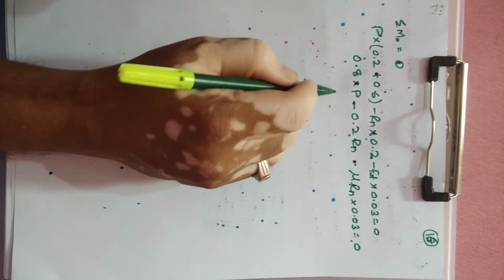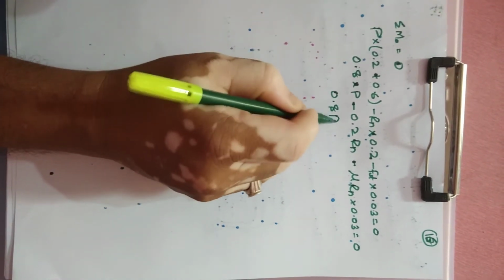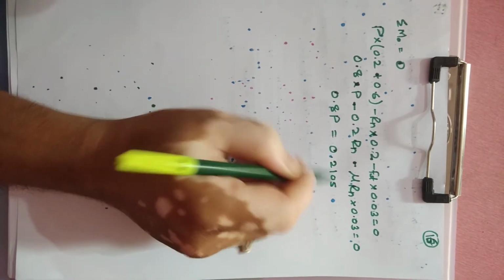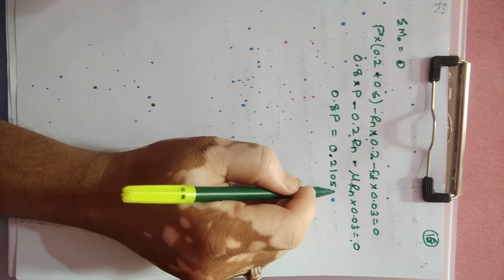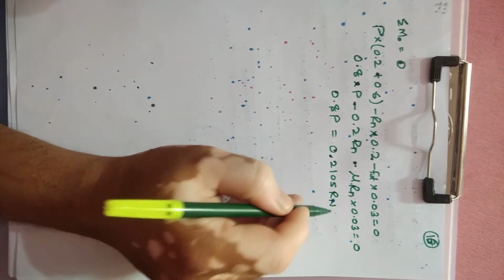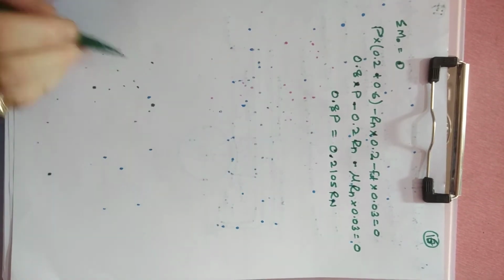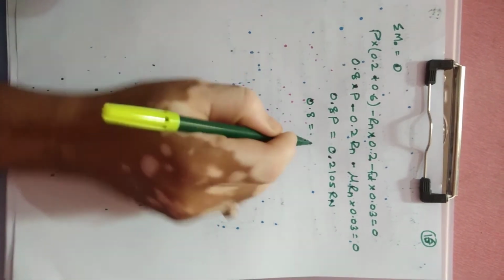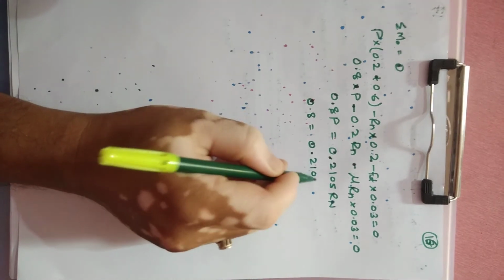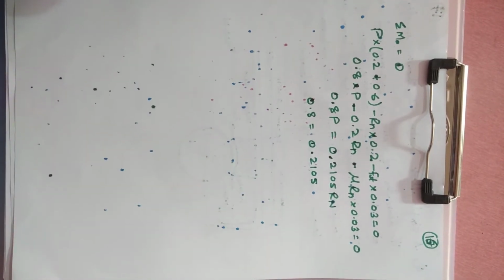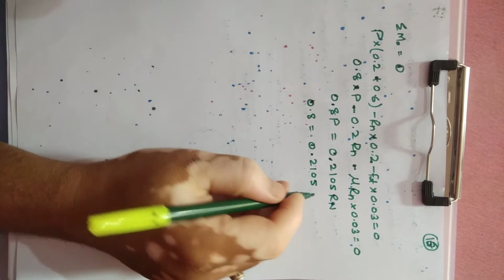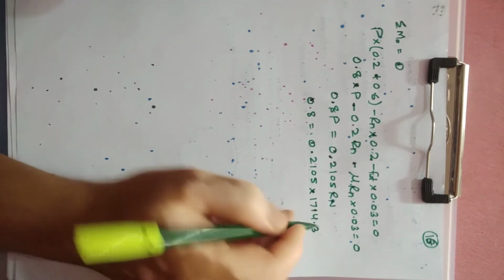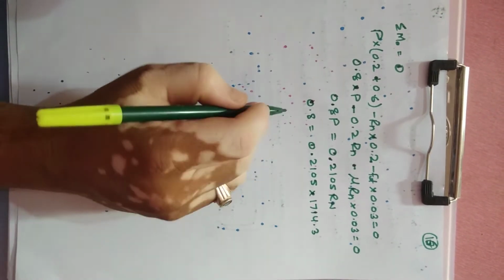Now again solving this, 0.8 P is equal to 0.2105 Rn. Okay, so 0.8 P is equal to this. Now putting the value of Rn, which is 1714.3, as we have already found.